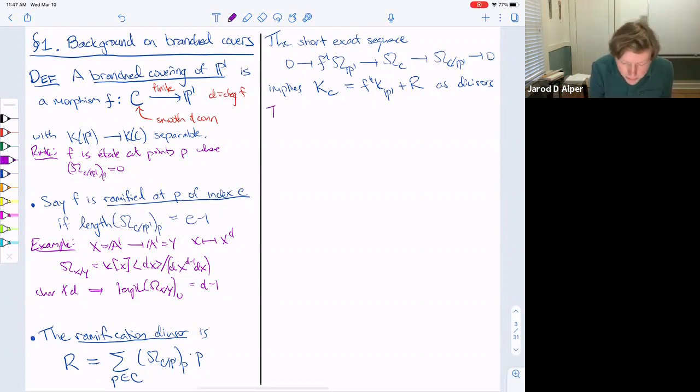Right, and if you just take degrees of these divisors, you get Riemann-Hurwitz.